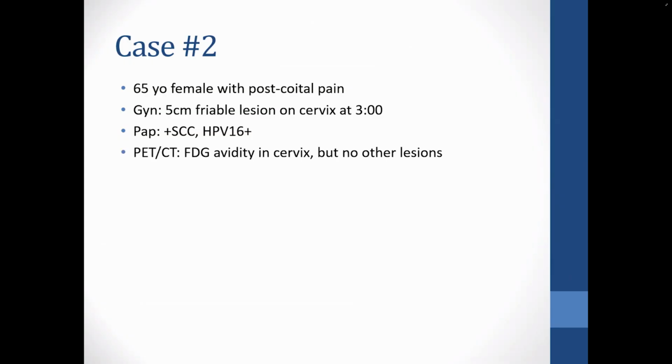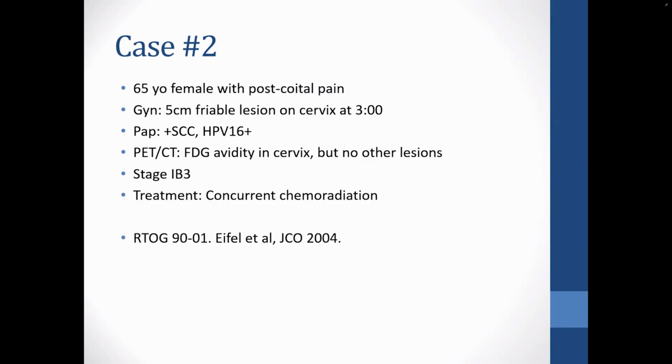She has a PET scan to determine the extent of disease, and it shows FDG avidity in the cervix, but no lesions anywhere else. This is stage 1B3 based on the size of the tumor being more than 4 centimeters. The treatment for a 1B3 tumor is typically concurrent chemoradiation. This is based on a couple of different studies that were published many years ago.